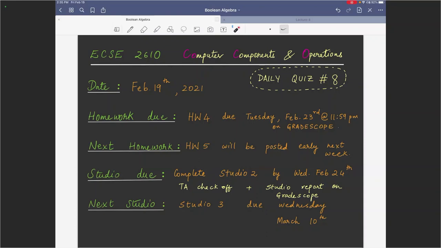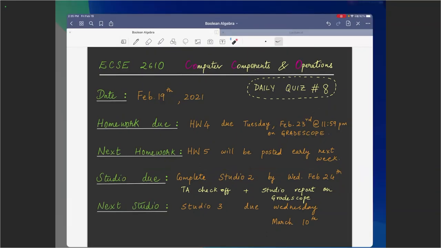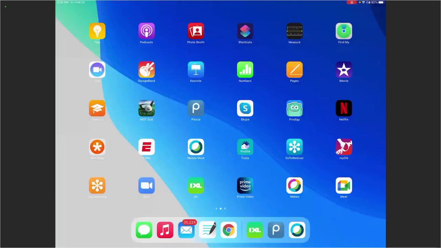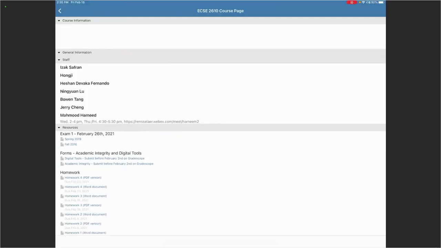Now let's talk about the exam that is coming up. For the exam, if you go on Piazza, under the resources section, right at the top of the resources section, I have made an exam 1 section. The exam is on Feb 26th. So that's a Friday, 1 week from today.